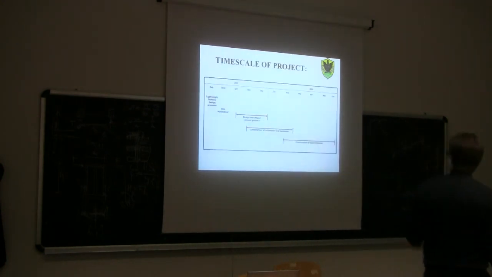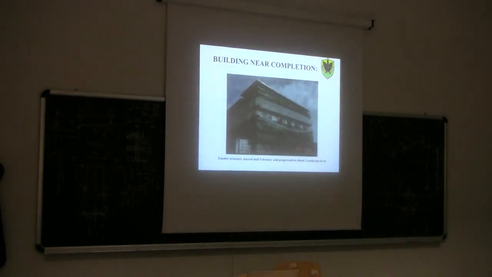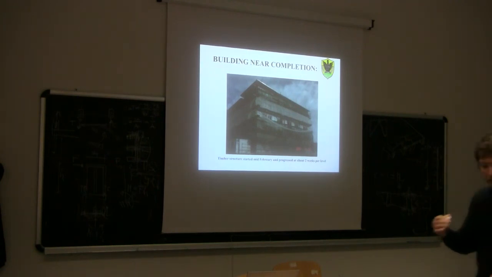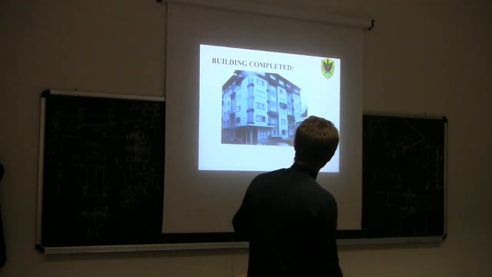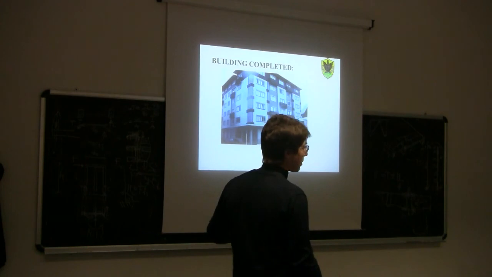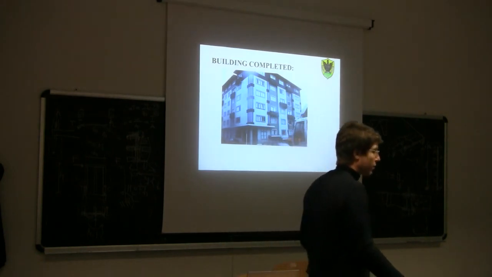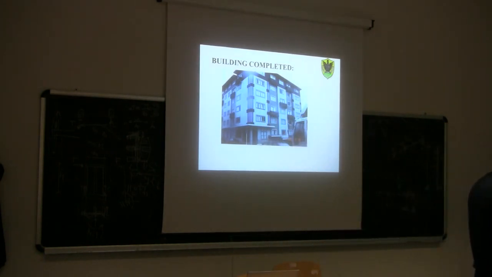So if you look at the times, the timber structure started mid-February 2004, and progressed at about 2 weeks per level. So 2 weeks to build one level, one story. In the end, this is the building at the end of construction. As you can see from outside, you couldn't recognize it is made of timber because it is clad with materials other than timber, so you can't really guess the size of the timber structure.